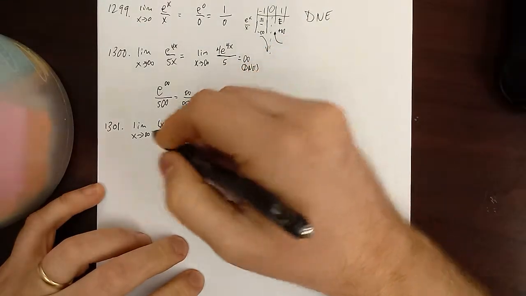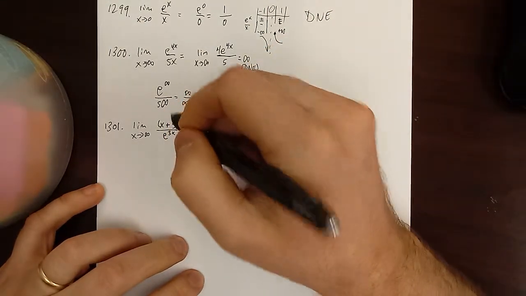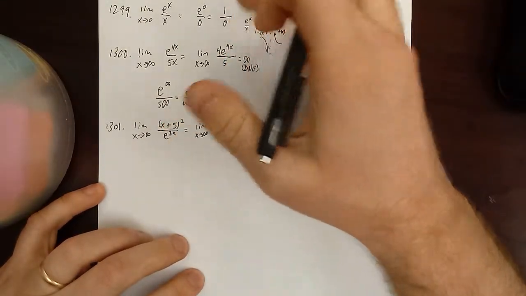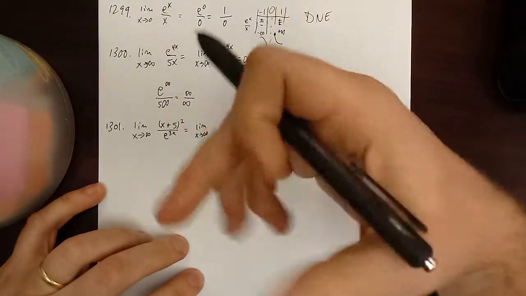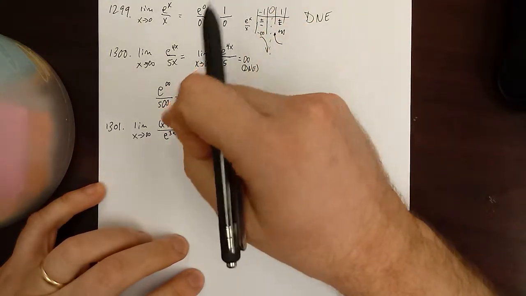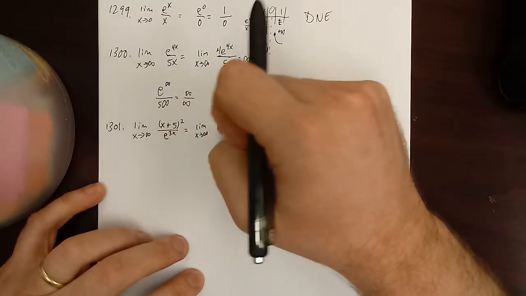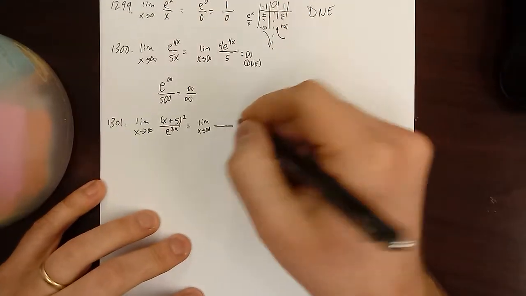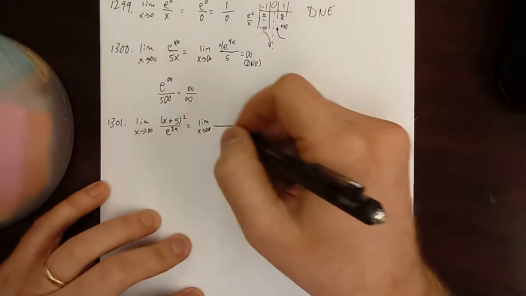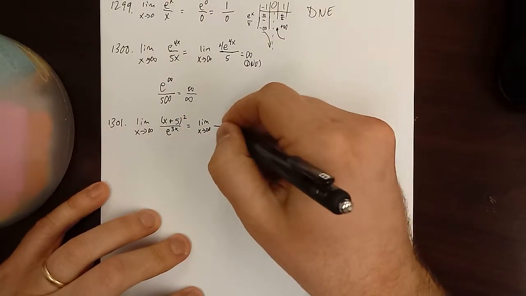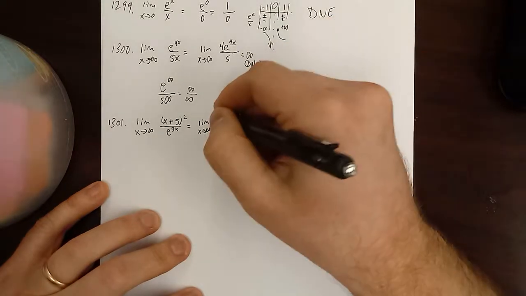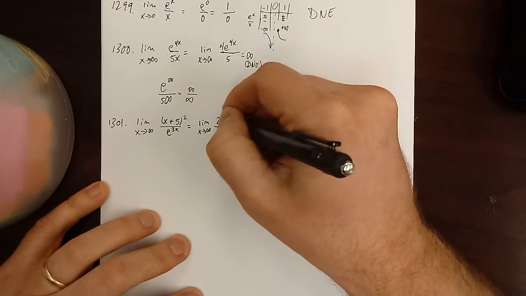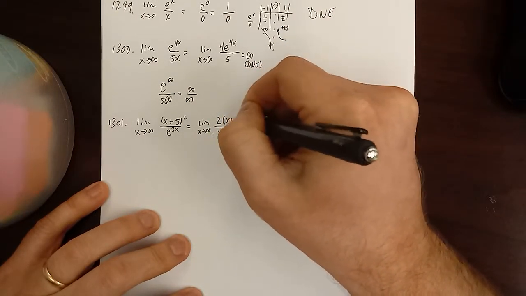But just remember that we're taking this limit, and when we get infinity over infinity or 0 over 0, we are then able to go back in and say, if I take the derivative of the top and bottom, the limit is the same. The function's not the same, but the limit of the two is the same. So the bottom's going to turn into 3e to the 3x, and the top is going to turn into 2 times x plus 5 to the 1.